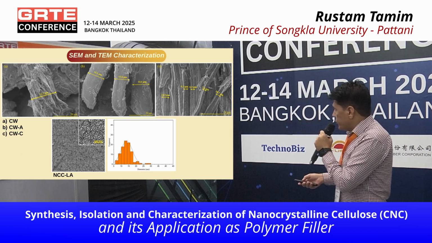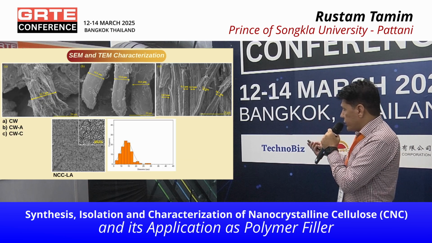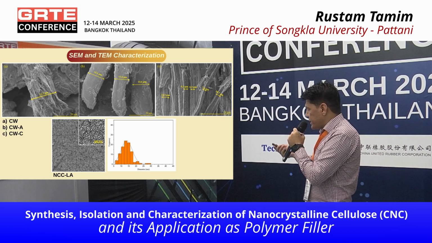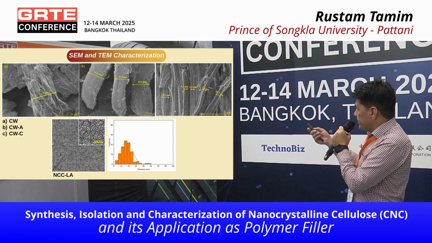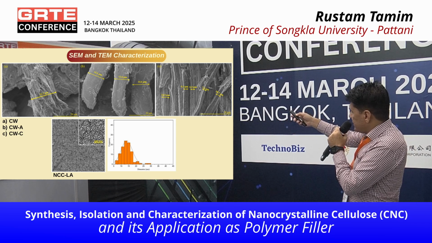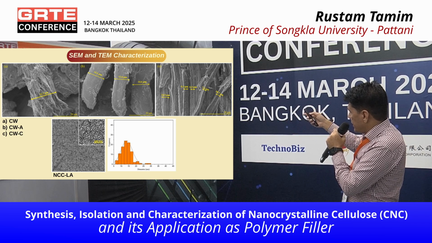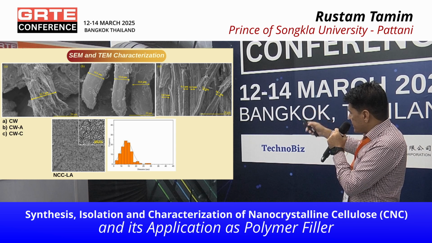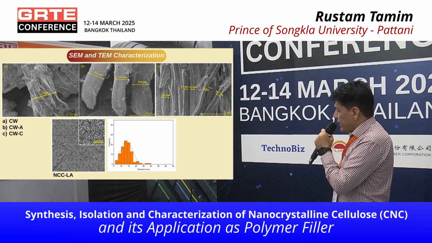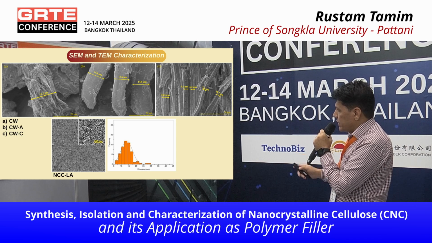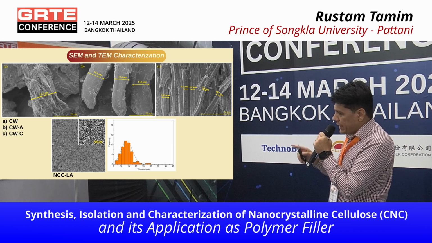The morphology you can see before it is crystal and after it is crystal is different. Starting material, then bleaching, and so on, to the crystal. The bottom one is the NCCLA, nanocrystalline cellulose using lactic acid.